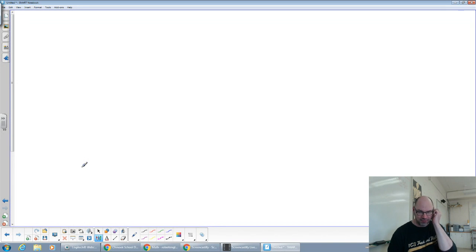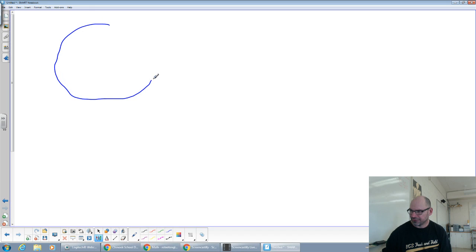Okay, so you can use the formula again, or you can do the Venn diagram. I'm going to do the Venn diagram. So this is snow on Monday. Okay, this is snow on Tuesday.